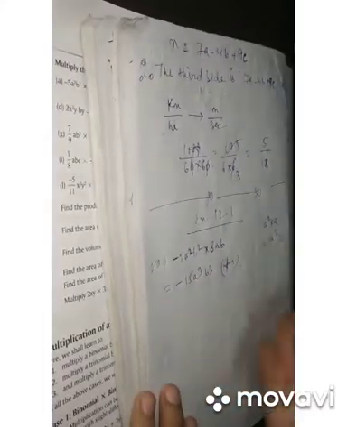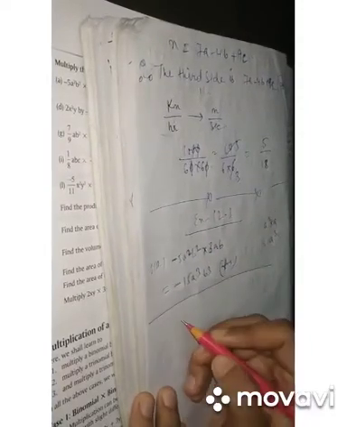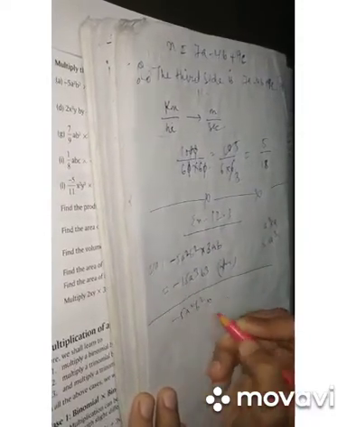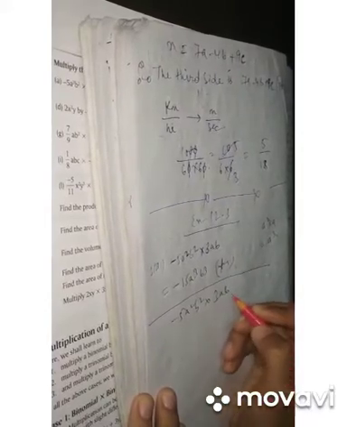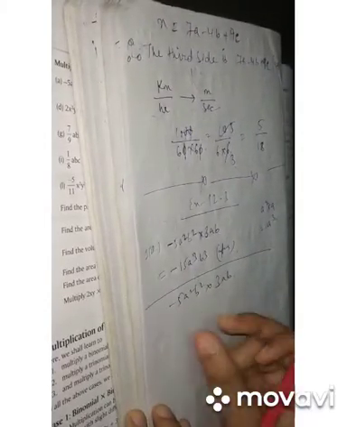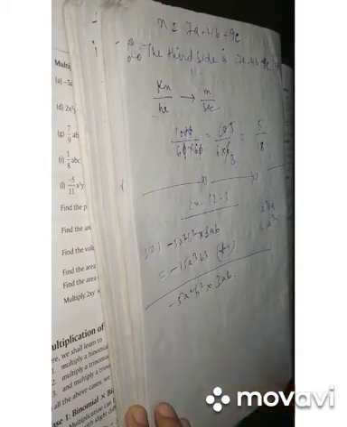We can do it this way. Minus 5a square b square into 3ab. We will separate the numbers on one side and the variables on the other side.